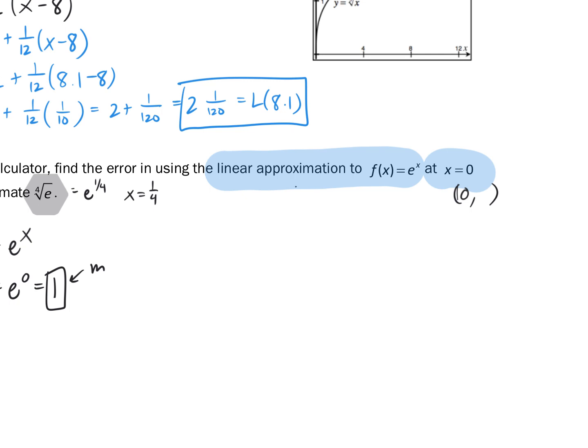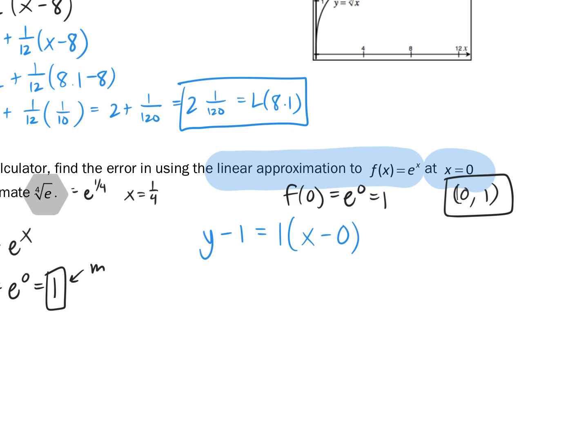Plug it in, right? So f of 0 is equal to also e to the 0 in this case, which is 1. So my point is 0, 1. My slope is 1. So if I wrote my formula, I'd have y minus 1 is equal to 1 times x minus 0.